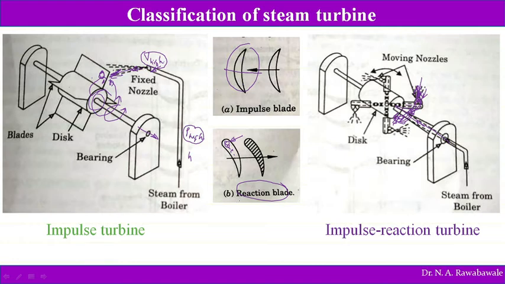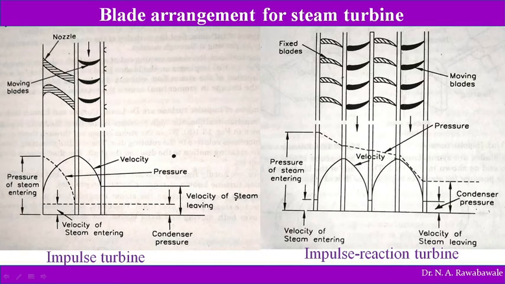Now let us see how the impulse turbine works and how pressure and velocity vary in the case of the impulse turbine as well as in the reaction turbine. So now the blade arrangement in a turbine. First is the impulse turbine. In this impulse turbine, we can see this is the part known as the nozzle, through which steam is passed.